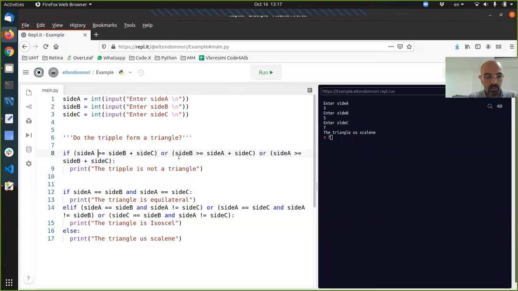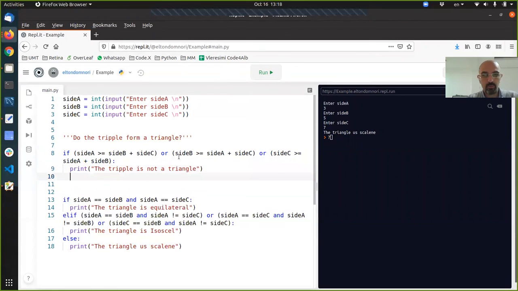So A compared to B and C, B compared to C and A, and C compared to A and B. If any of these combinations is true, it means that one of the sides is greater than the sum of the other 2, meaning that this is not a triangle at all. And we print a message: this triple does not form a triangle at all. So sorry, I cannot proceed by checking the type of the triangle because it is not a triangle.